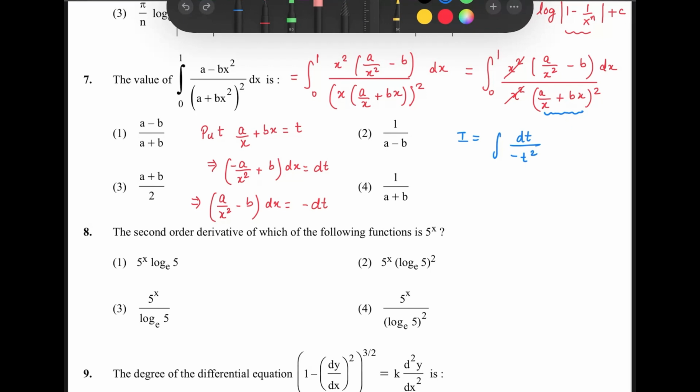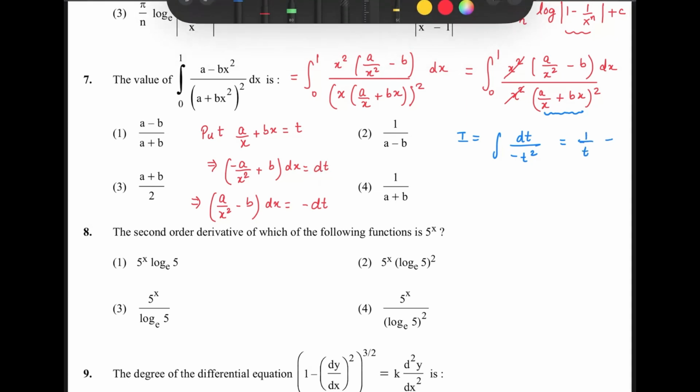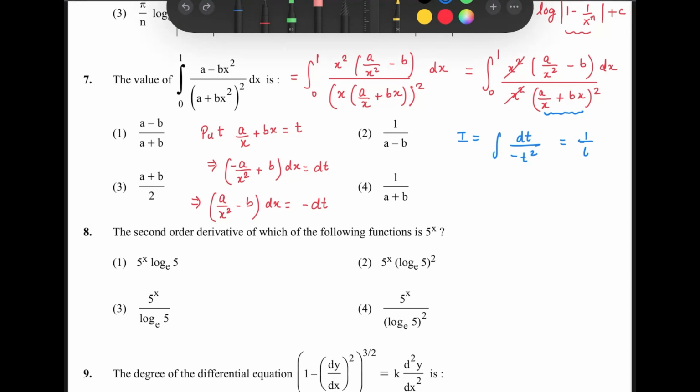Integrating gives minus 1 by t, and with the negative sign already there, it will be 1 over t. Not the integral constant this time, it will be just 1 over t.